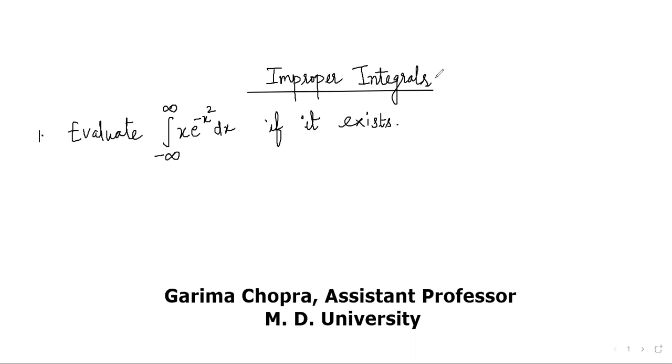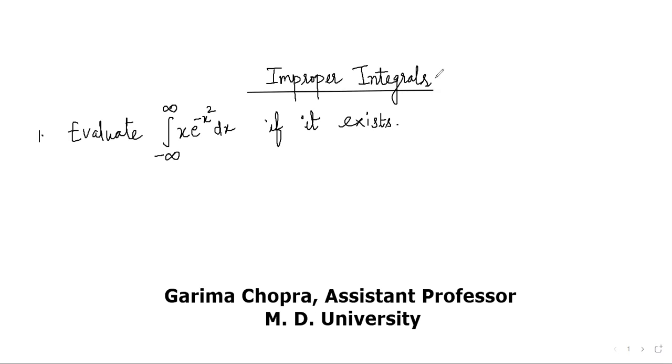When we are solving or checking any improper integral, the first thing is to check what its kind is, whether it is of first kind or second kind. If you see this integral, since the limits are minus infinity and infinity, it is very easy to check that it is of first kind, because the limits are not finite.